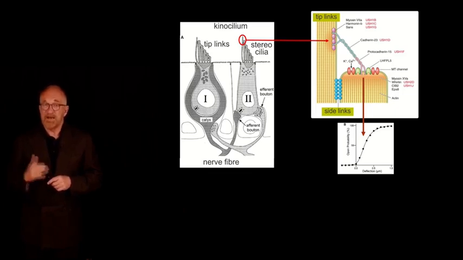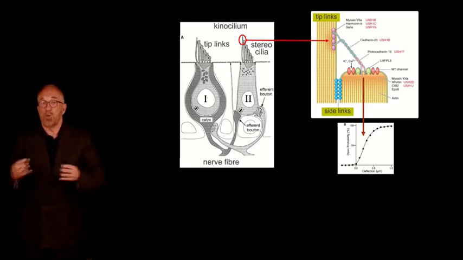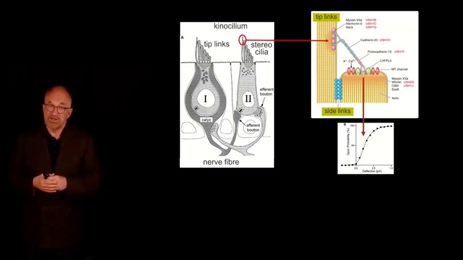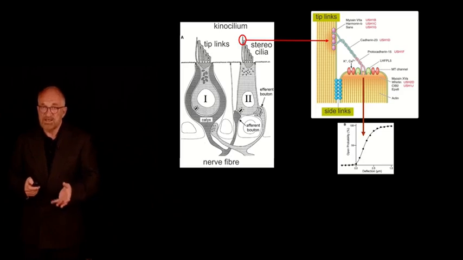When there is a deflection in the direction of the kinocilium, there's a strong change in this receptor potential because the channels open very widely. And in the other direction, they close, but that change is much less. So this is the basic reason for the hair cell direction sensitivity.